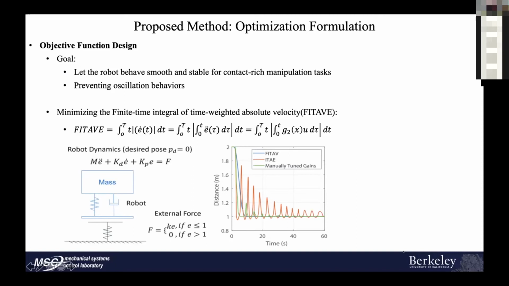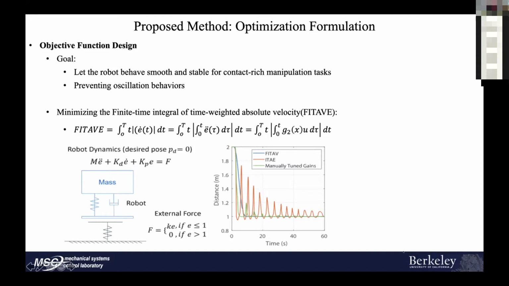For ITAE, it gradually begins to not oscillate, but the oscillation is still noticeable. But for the proposed FITAVE objective, we can obtain in real time the optimal impedance gain that lets the robot behave really smooth and prevents the oscillation behaviors.